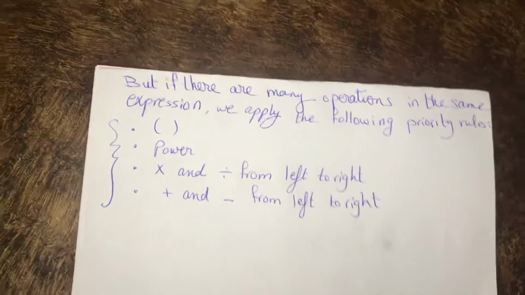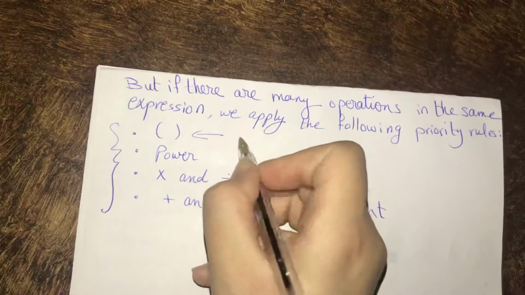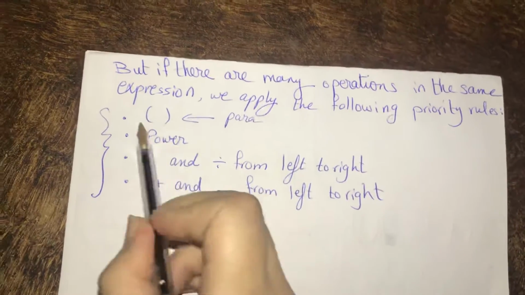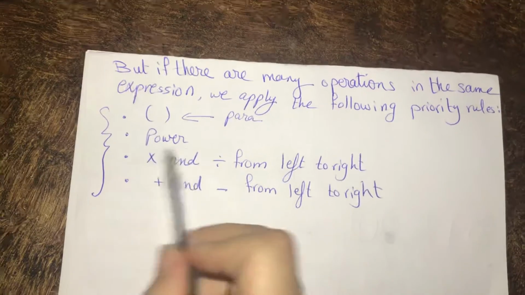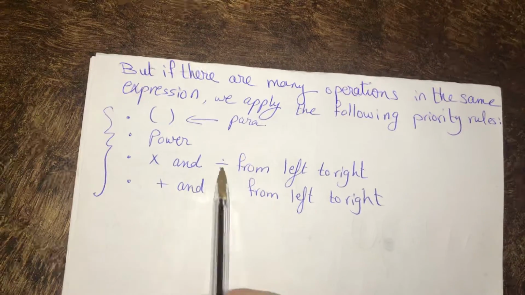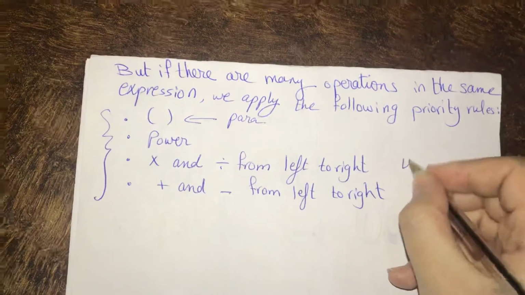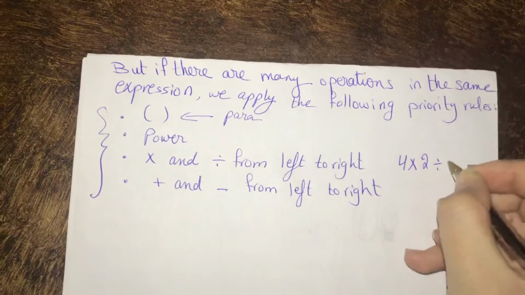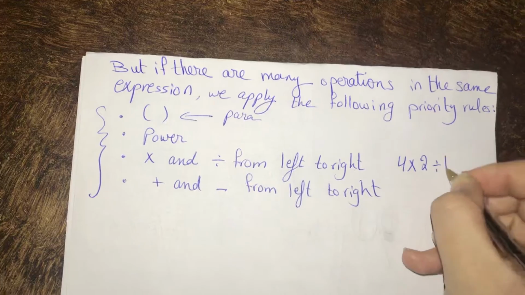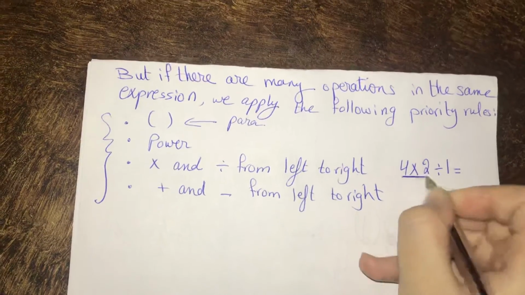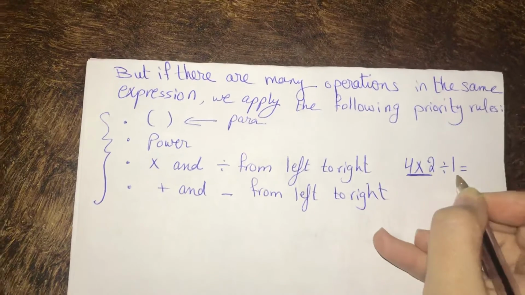First, you have to calculate the parentheses, then the power, then times and division from left to right. That means if you have 4 times 2/1, for example, you have to calculate from left to right.